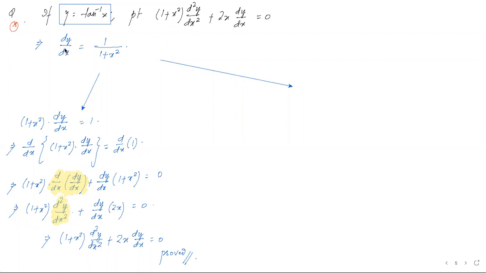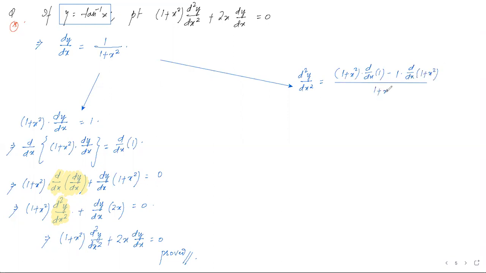So now, if we continue doing this, that is, we differentiated the left hand side, it becomes d2y by dx square. And on the right hand side, we get to see quotient rule requirement. So we did it like this. This is 1 plus x square into ddx of 1 minus 1 into ddx of 1 plus x square.